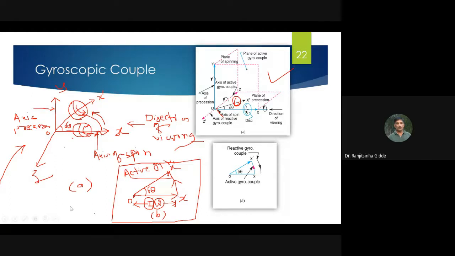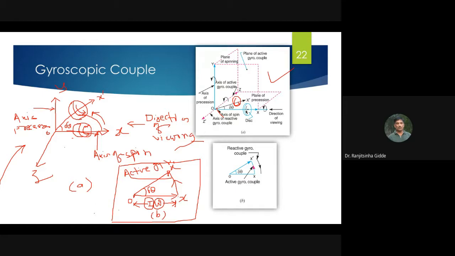Now what we have seen is that whenever a vehicle or a bike is moving on a curved surface, or while negotiating a turn, at that time we have an inward lean to avoid the sliding of the bike.